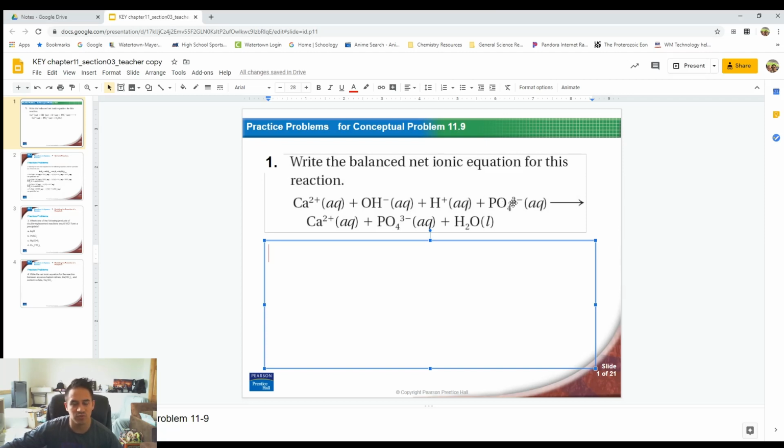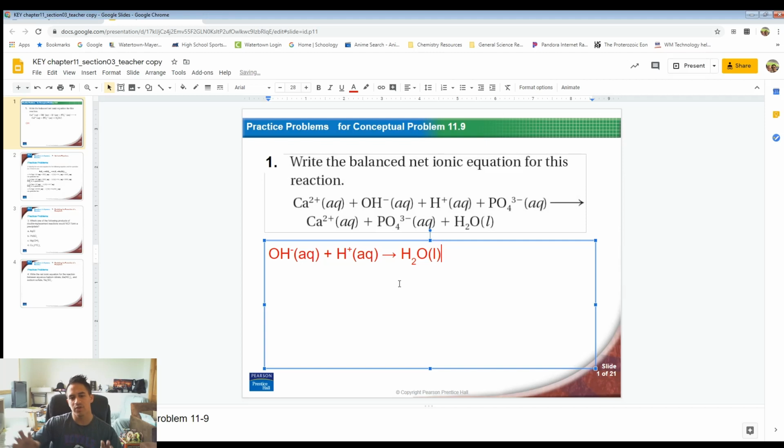We have PO4 3- on the reactant side and PO4 3- on the product side. That's also a spectator. So our net ionic equation is going to be OH- (aq) plus H+ (aq), and those are going to make H2O, which is a liquid.